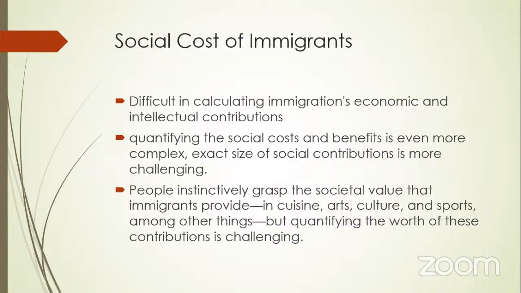So, for example, the social costs of immigrants: it is difficult to calculate immigrants' economic and intellectual contribution. Even economic, we can calculate in terms of their remittances. I was watching an old Hollywood series called Boston Legal, in which they talk about immigrants.